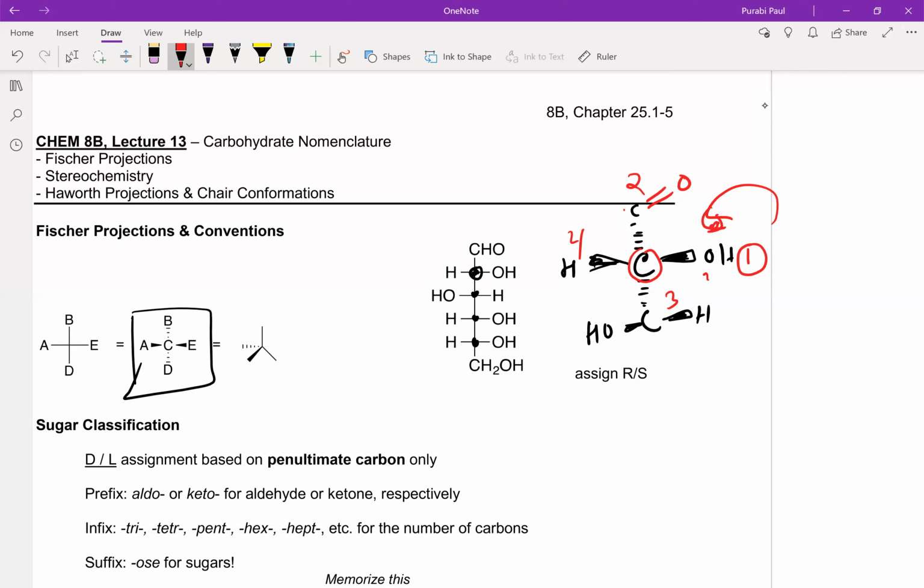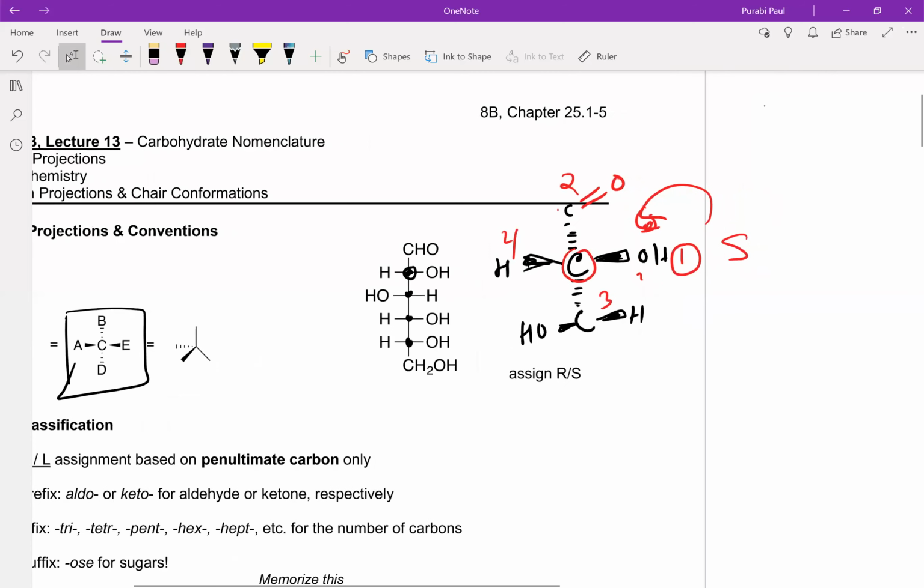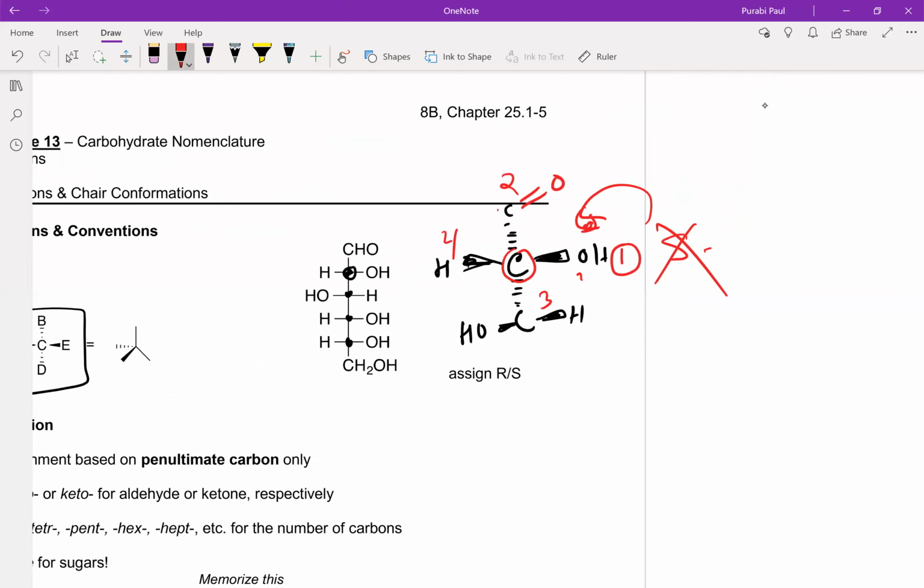Because the lowest priority substituent is on a wedge, you switch whatever you got. You found out it was an S, but you cancel that out because the hydrogen is on the wedge, so you make it into an R. Good, that means the first carbon is R.